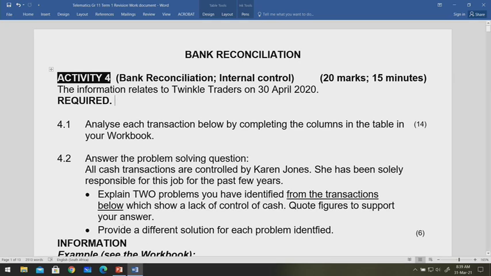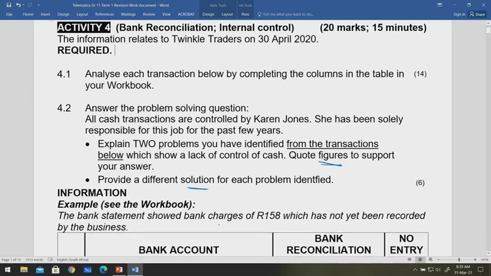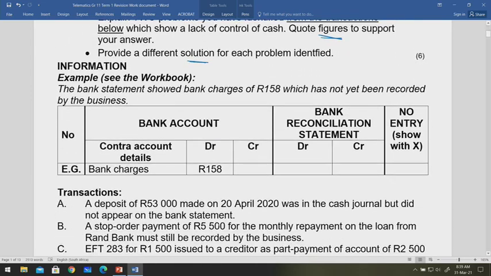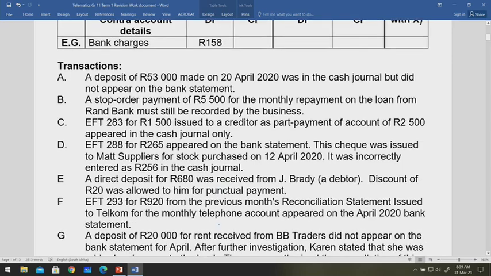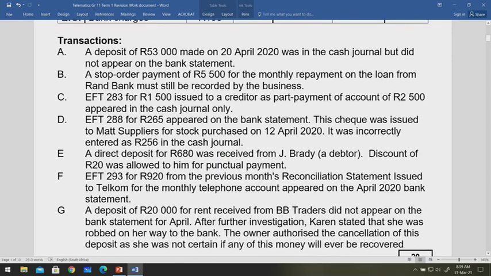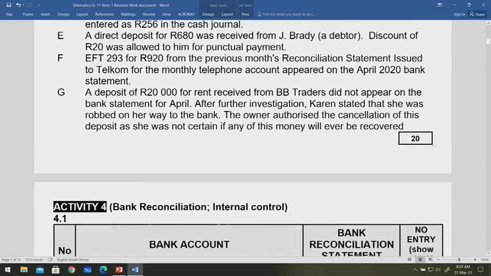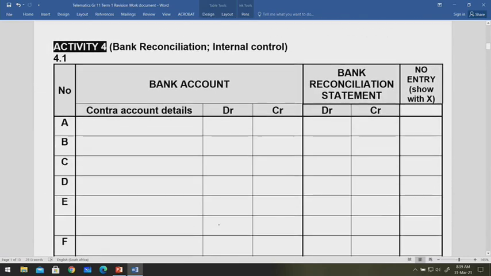We have to quote figures. So you must make sure that you indicate a number somewhere, an amount, and then we have to provide a solution for each problem. If you look at the information, the table given, there are the 7 transactions that we have to put into this table.